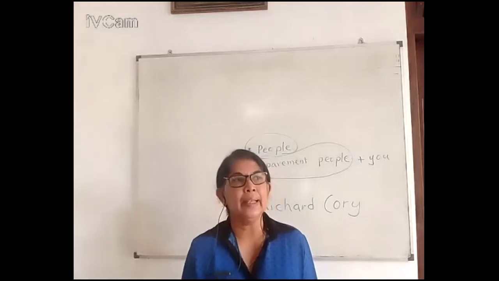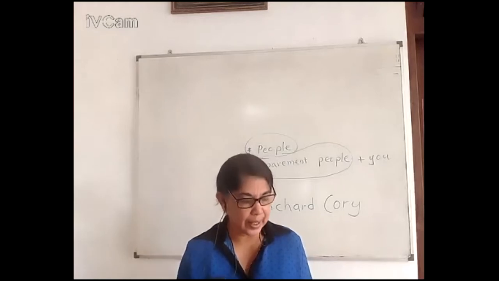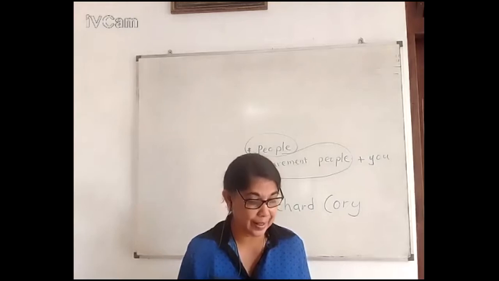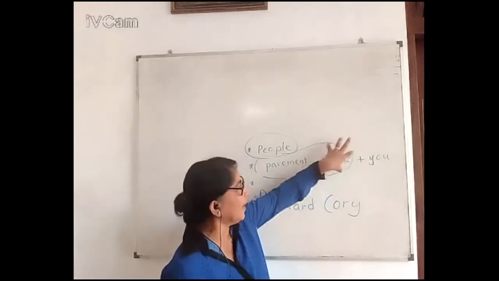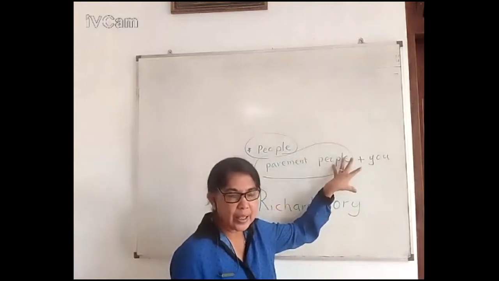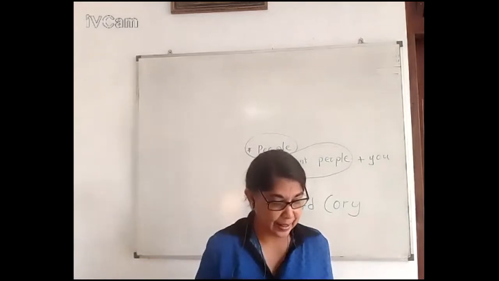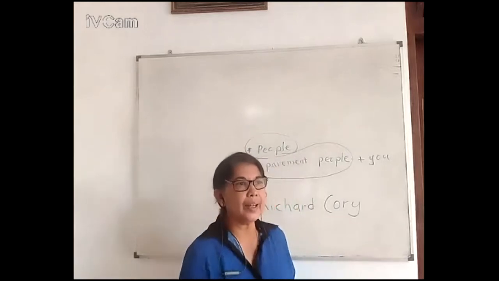Hyperbole. Yes, comparison, hyperbole, that is good. Exaggeration, just to show his wealth. So we get the idea that these pavement people are not rich. So here, Richard Cory is richer than a king and admirably schooled in every grace.